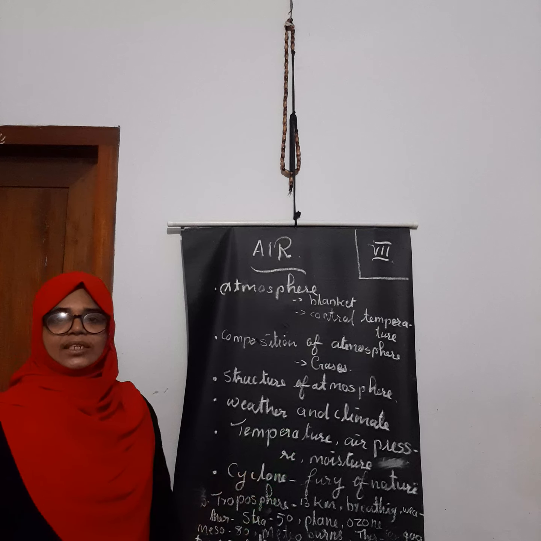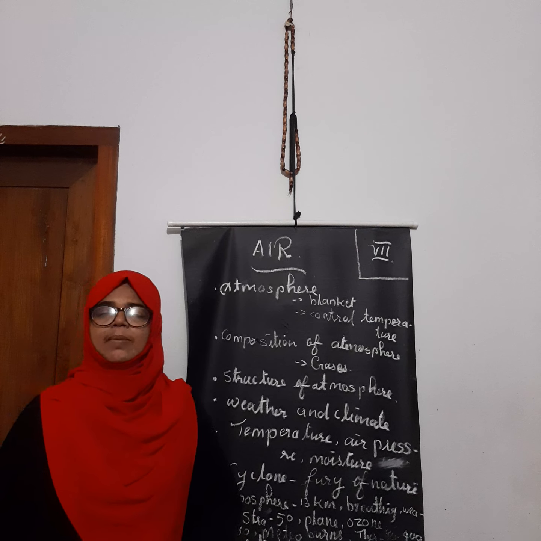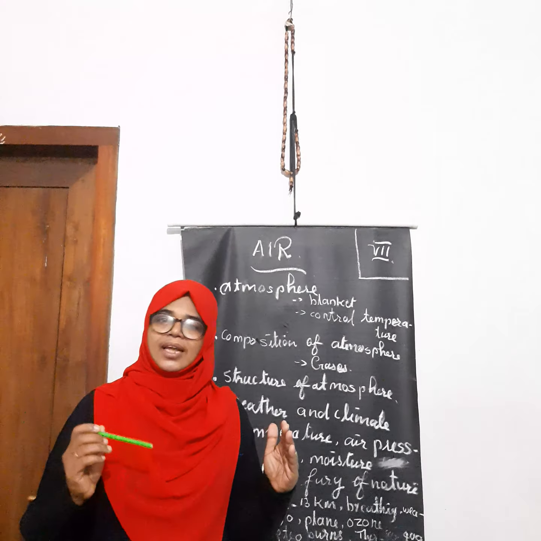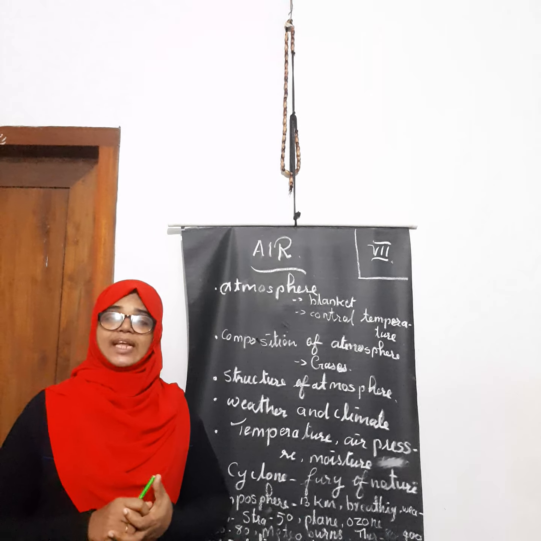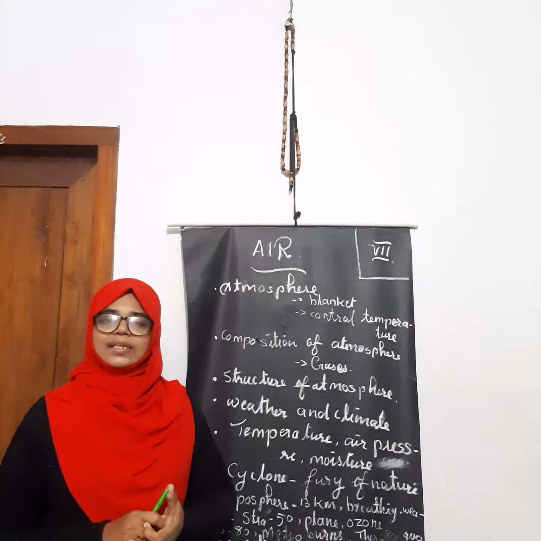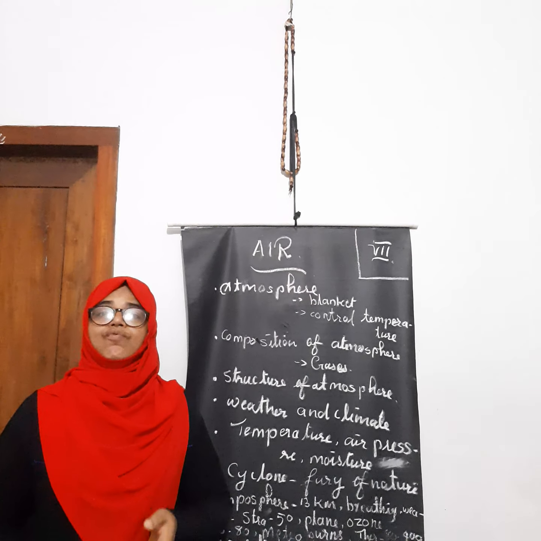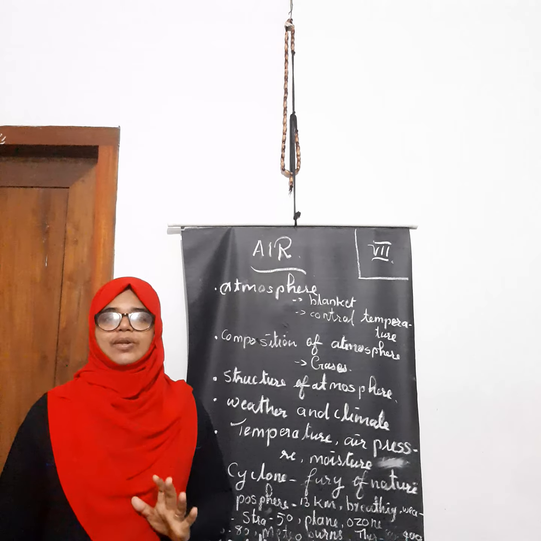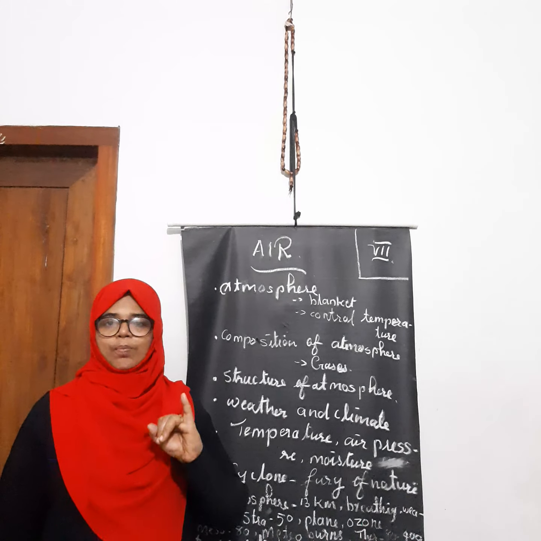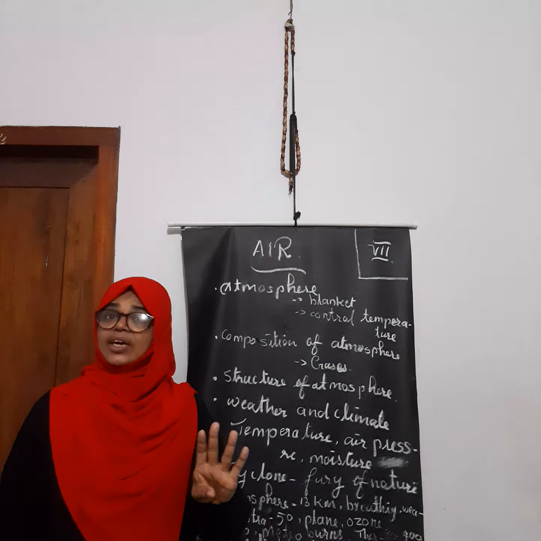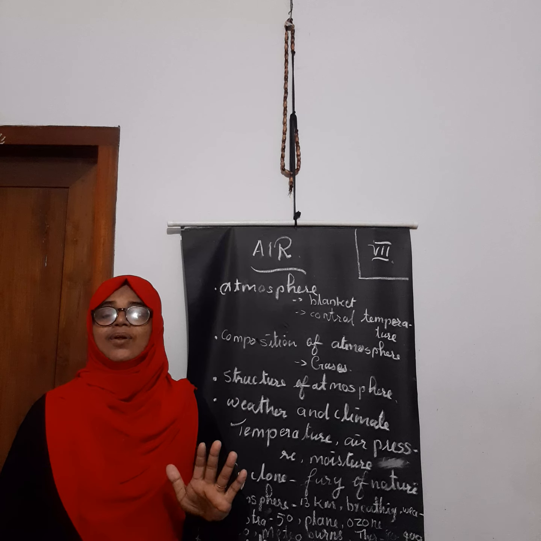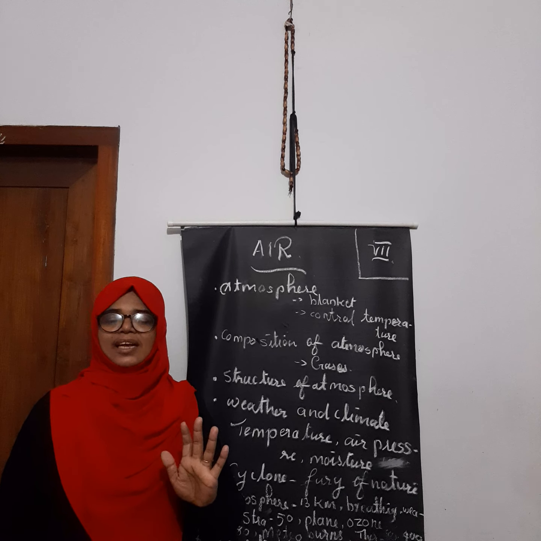Next one is the structure of the atmosphere. Structure of the atmosphere simply means the various layers of the atmosphere. We have seen there are five important layers of the atmosphere.